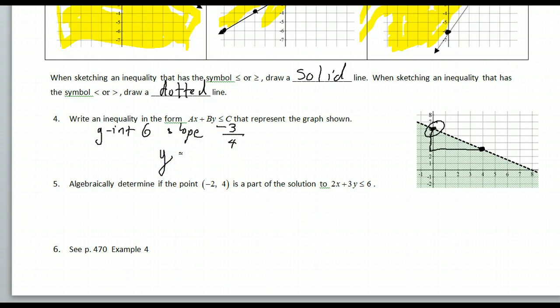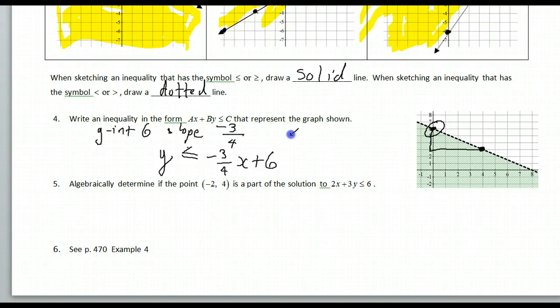The inequality will be y is less than or equal to, I guess they want this to be a solid line, although it looks like a dashed line. Y is less than or equal to negative 3/4 x plus 6. I want it in the form ax plus by is less than or equal to c.